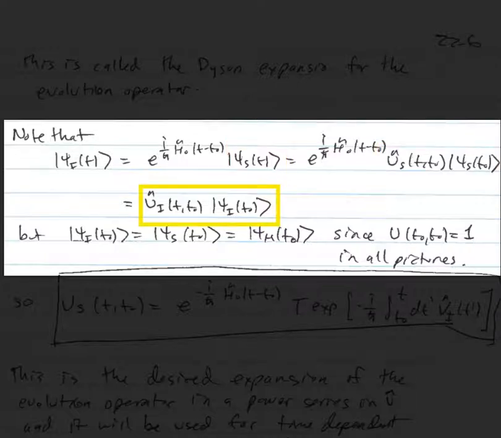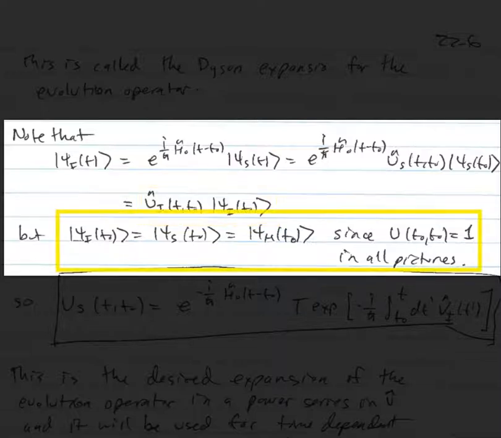But we also know that that whole thing is equal to U_I(t,t0) times psi_I of t0. And so if I rewrite psi_I in terms of e^(i/ħ H0 (t-t0)) psi Schrödinger of t, and I recognize that at t0 these states are exactly the same.